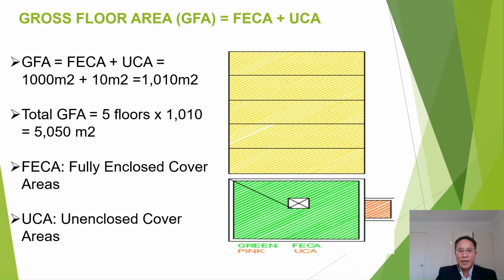For example, here the GFA is equal to 1,000 square meters of FECA plus 10 square meters of UCA, which is equal to 1,010 square meters. And here, in the elevations of a simple building, there are 5 floors, and each floor has 1,010 square meters, and the total GFA for this building is 5,050 square meters.